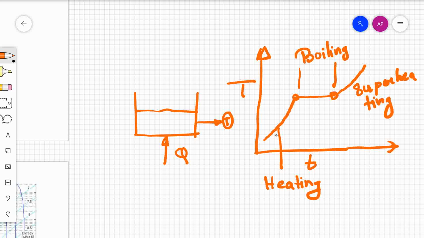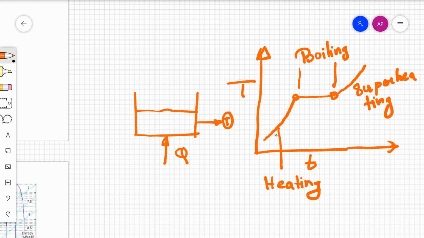So you only superheat vapors. You heat liquids and you boil liquids. To liquids, you heat them. When you heat them, its temperature is going up. When no longer the temperature is going up, whatever heat you are supplying is only being used to produce vapors.